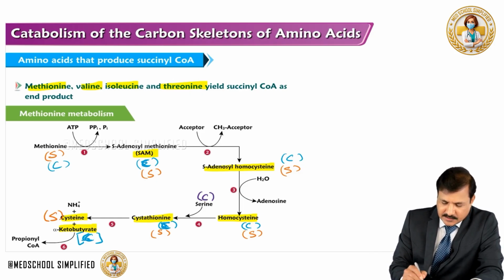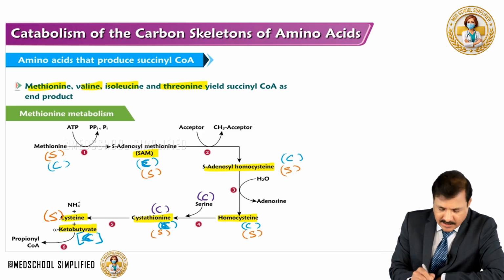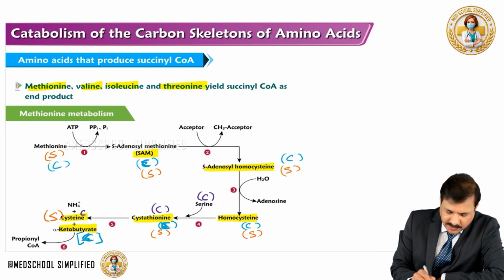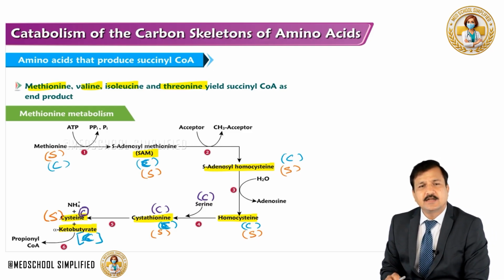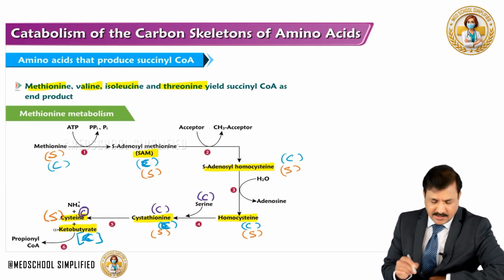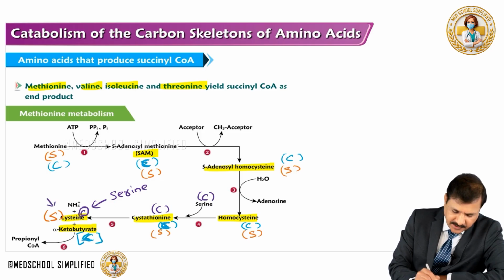Carbons of serine are present in cystathionine after it condenses with homocysteine, and then the carbons of serine are found in the cysteine. So cysteine has carbons coming from serine and sulfur coming from methionine. Make sure you remember this.